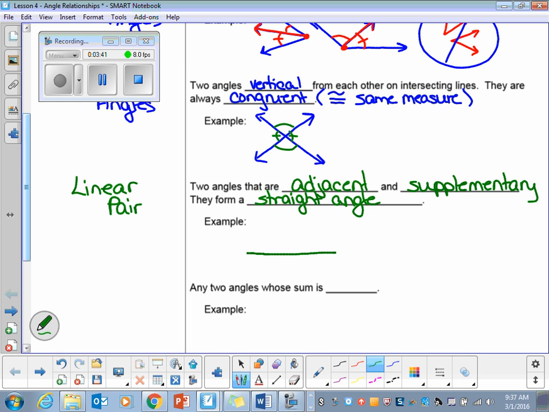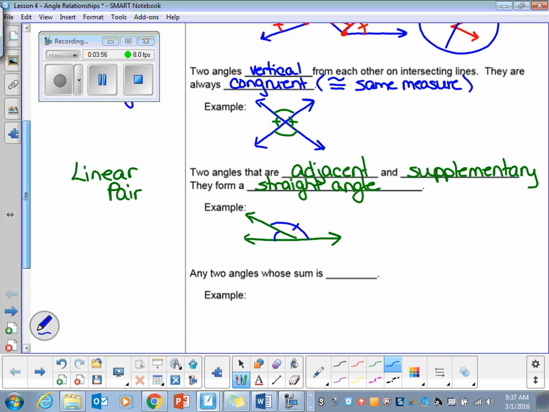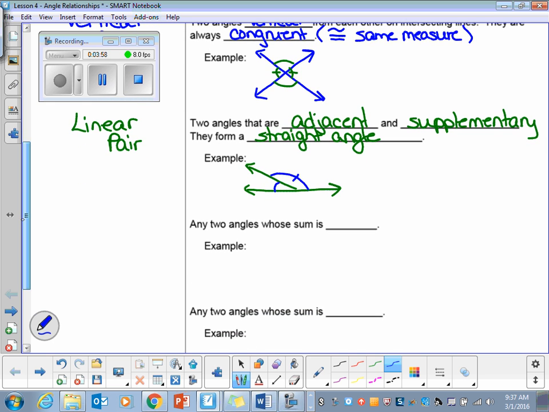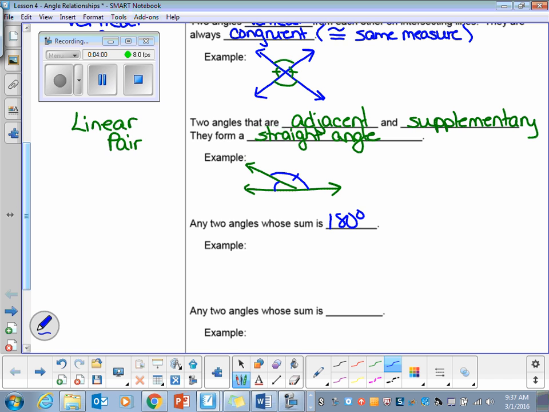So what does that look like? This angle plus this angle has to equal 180 degrees. That's the supplementary part. Any two angles whose sum is 180 degrees is supplementary.